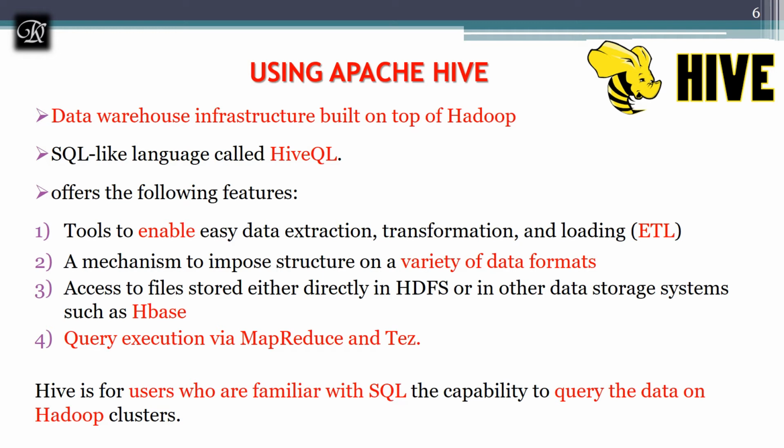So Hive has a mechanism where it directly allows us to interact with the HDFS or with HBase. It provides a mechanism for query execution. Yes, we again need an execution engine, a runtime engine, where either we can go with MapReduce or we can go with Tez.